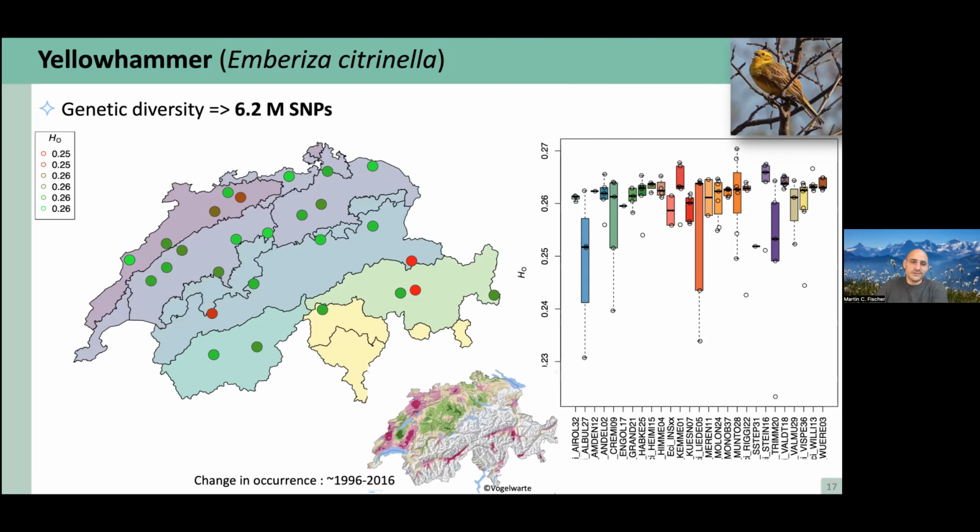Because if we compare this to the occurrence data of the Yellowhammer, or the change of occurrence from 1996 to 2016, we see there are regions in Switzerland where they lost some of the bird populations. It will now be interesting to really compare this one-to-one, but we are not yet there. But these are the next steps we would like to address.